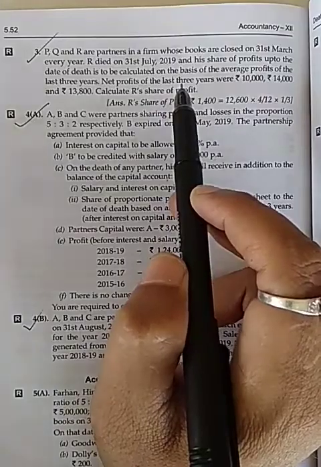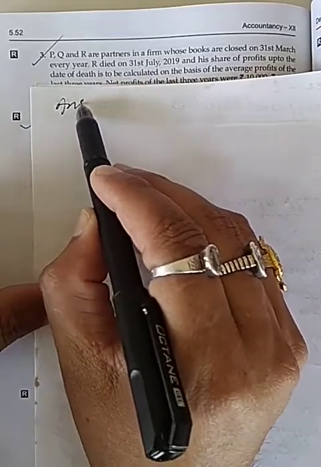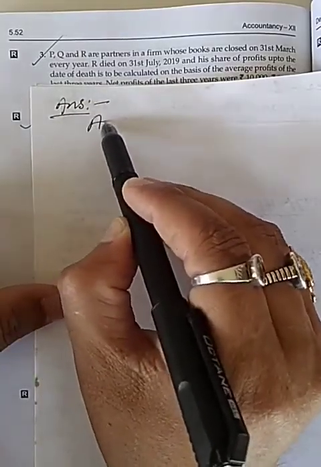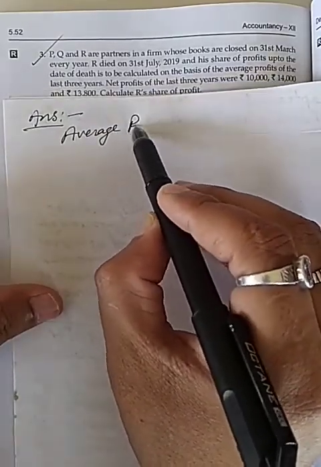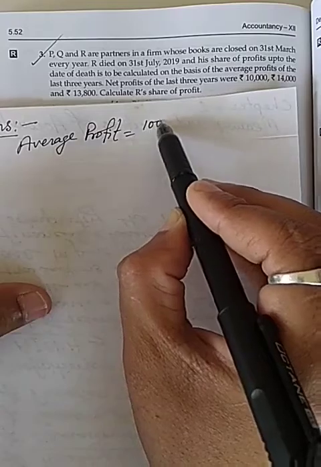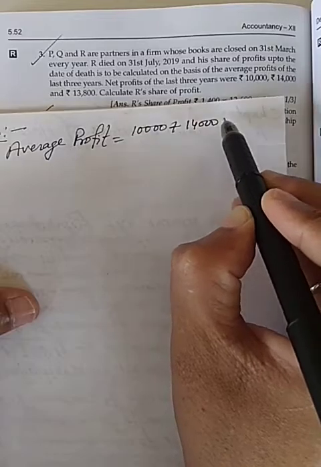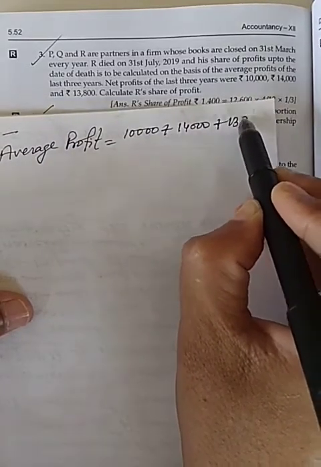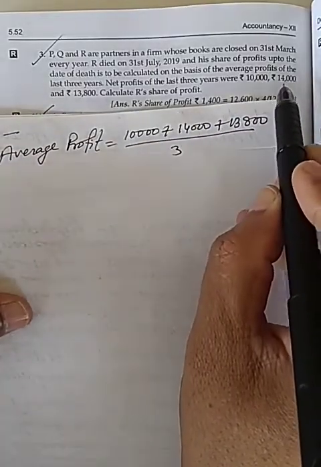So first I will calculate average profit, equal to 10,000 plus 14,000 plus 13,800 divided by 3. This is given in the question.